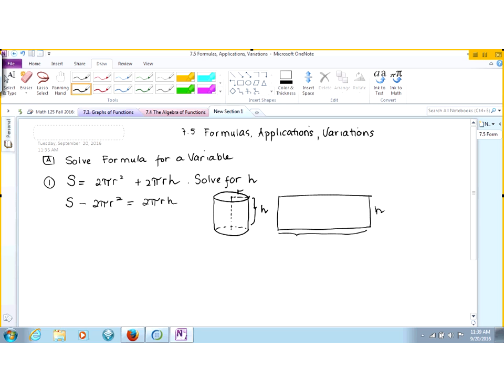The circumference, right? What is the circumference of this circle? 2 pi r, yes. So that's why that is the formula. This is just for fun. Anyway, this is called a right circular cylinder, or for short, a cylinder.